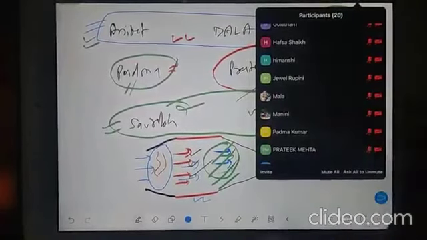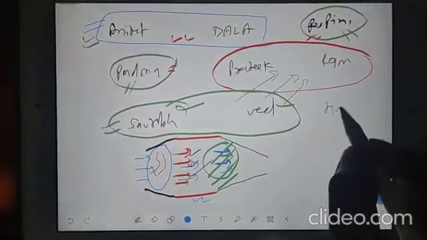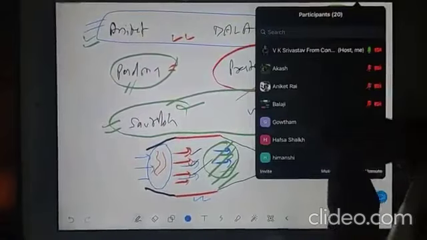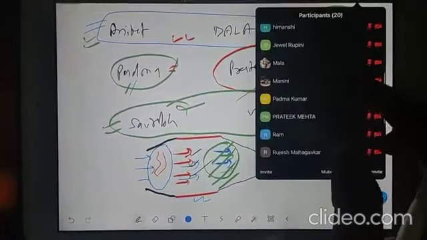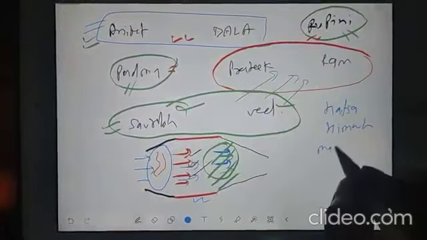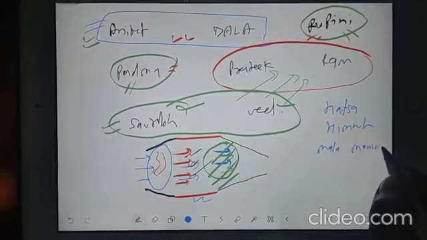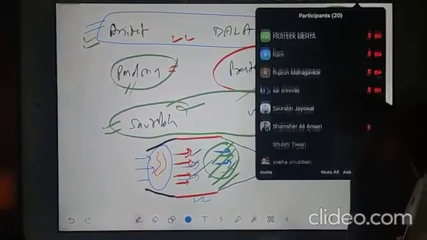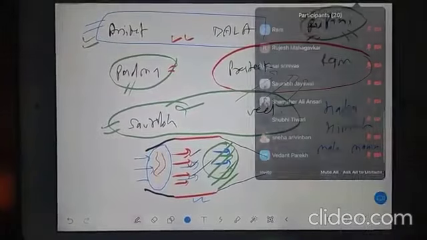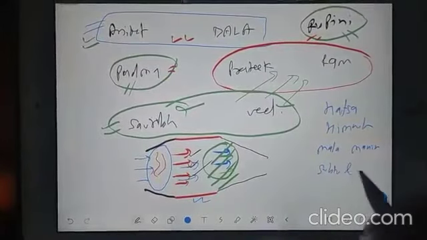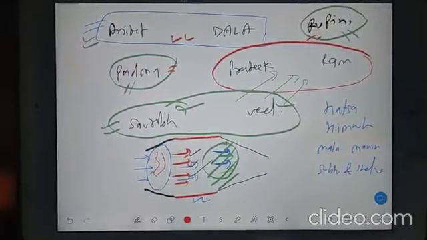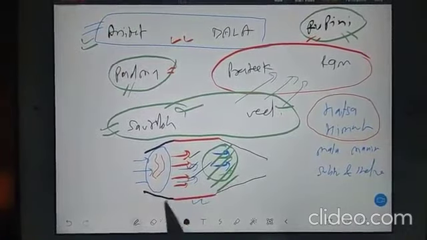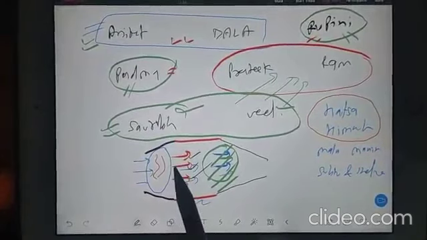So I have girls here, Hafsa, Himanshi, Mala, Manini, Shubhi and Sneha.